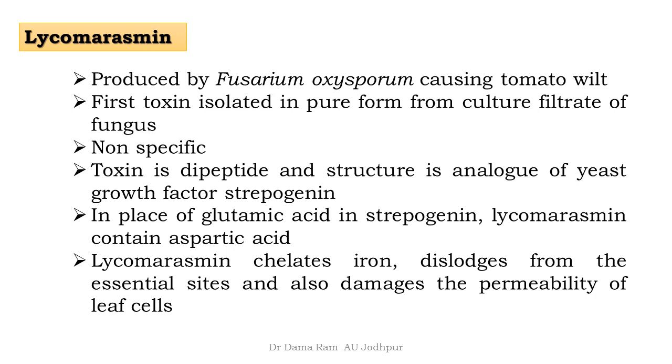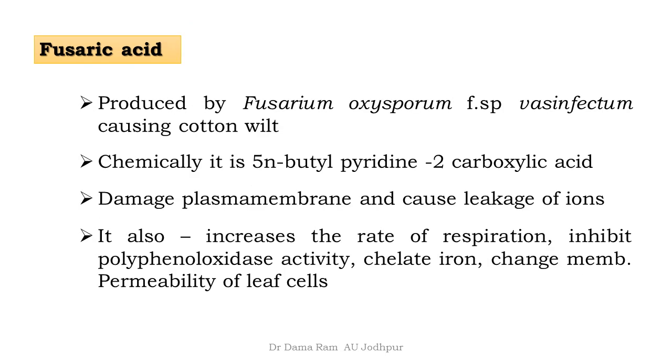So what is the mechanism of lycomarasmin? It chelates iron and dislodges ions from the essential sites, and also damages the permeability of leaf cells. It makes iron unavailable to plants, because the pathogen is chelating the iron, so the plant shows symptoms like iron deficiency.